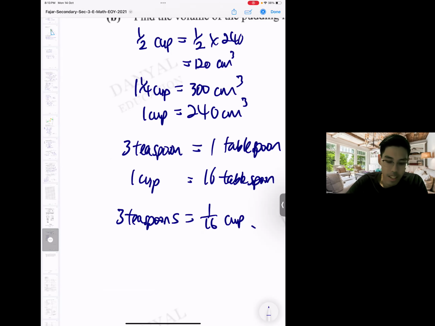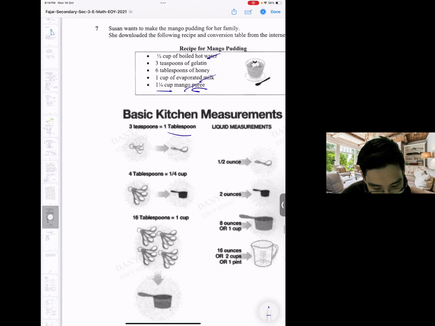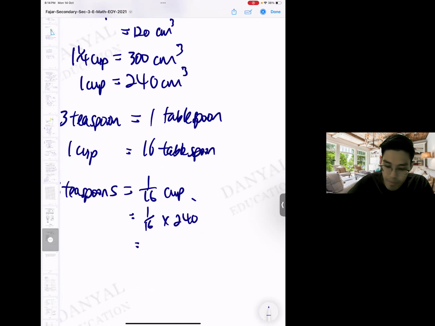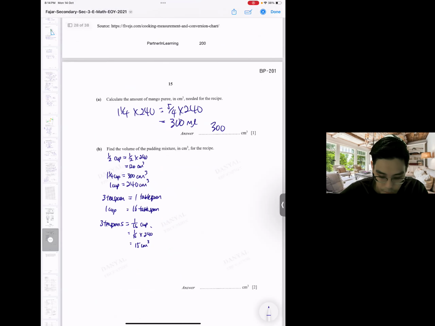Pretty little, but it's all right. So 1/16 of a cup equals 1 out of 16 times 240 ml. So it's 240 divided by 16. I convert everything to cm cube first, easier to calculate later.